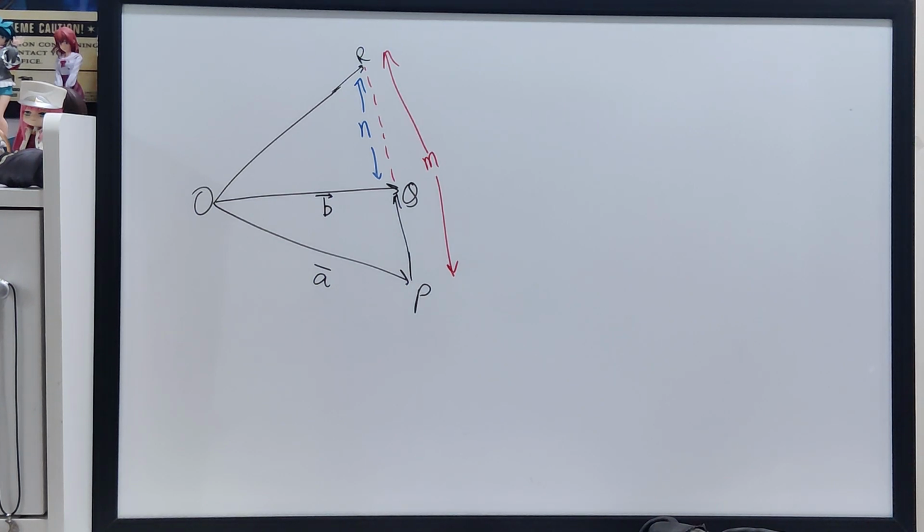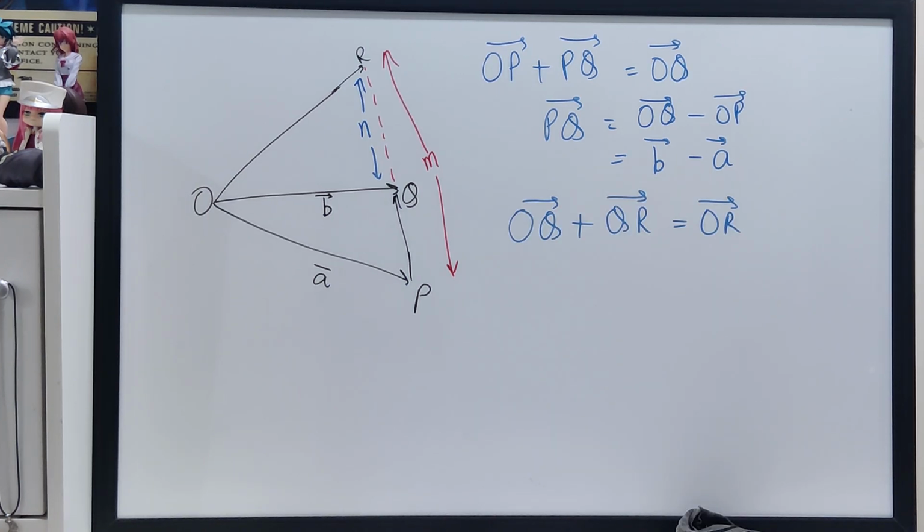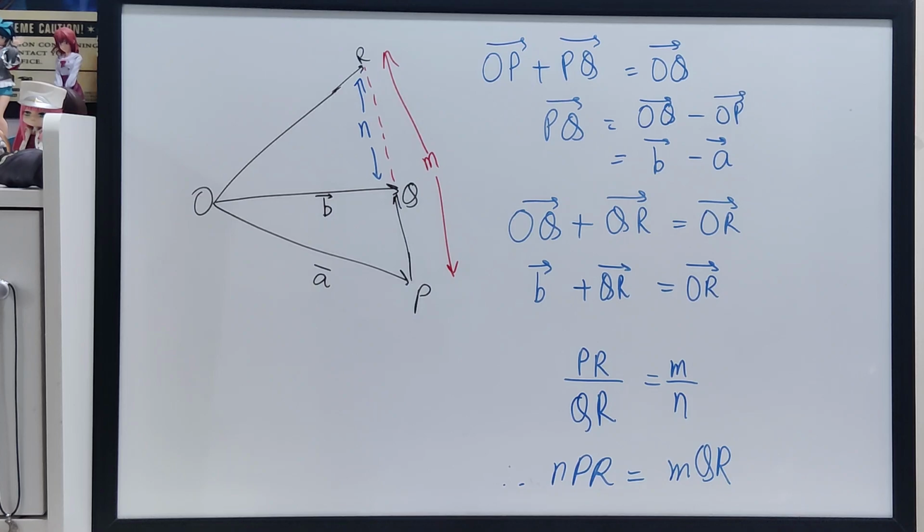So following the diagram, we can see OP plus PQ is equal to OQ. So PQ is B minus A. Now OQ plus QR is equal to OR. So B plus QR is equal to OR. Now we have the ratio given, PR by QR is equal to m by n.